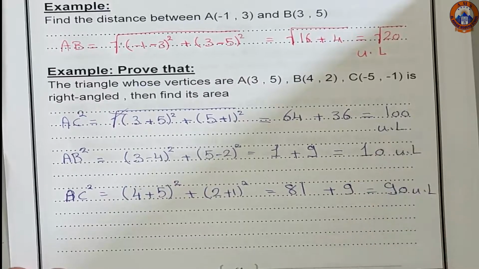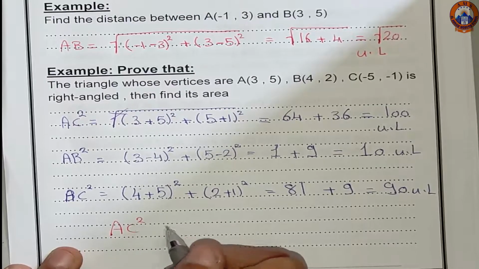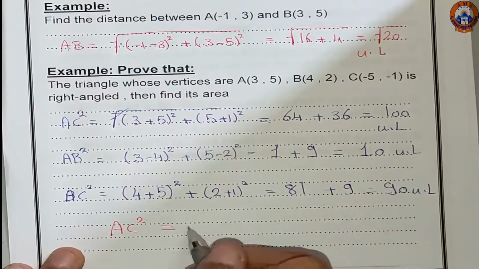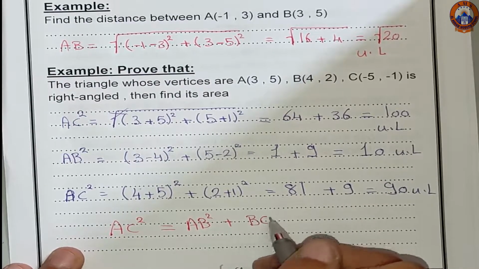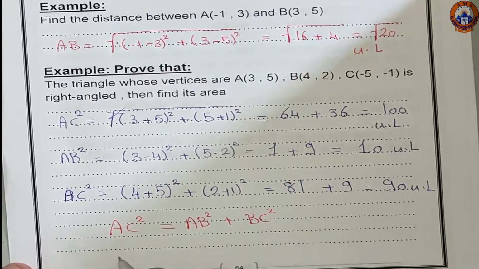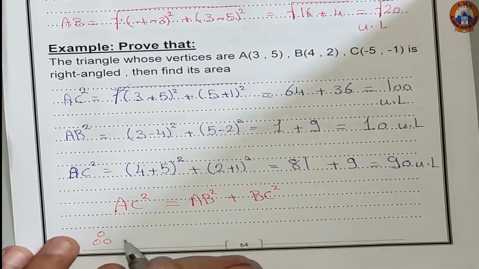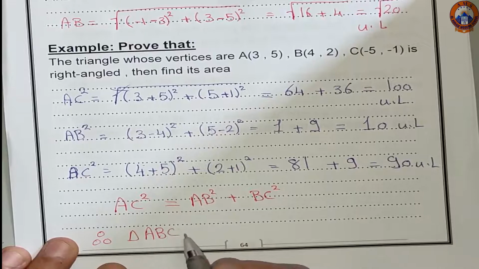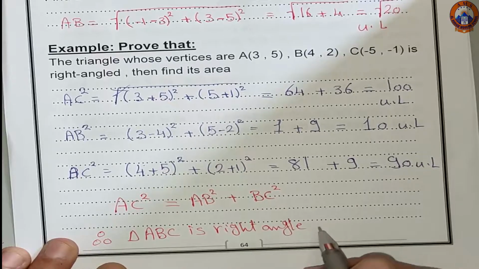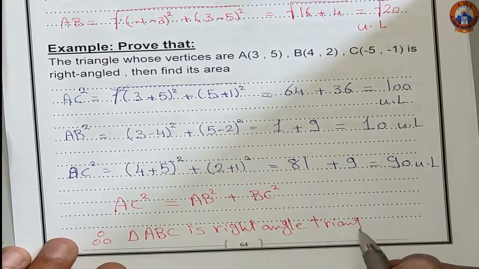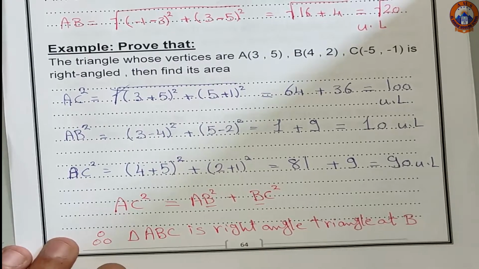The greatest side of these three sides is the side AC, so we're gonna write that AC squared is equal to 10 plus 90, which was AB squared plus BC squared, and therefore triangle ABC is a right angle triangle at the repeated letter, which is B. Okay?